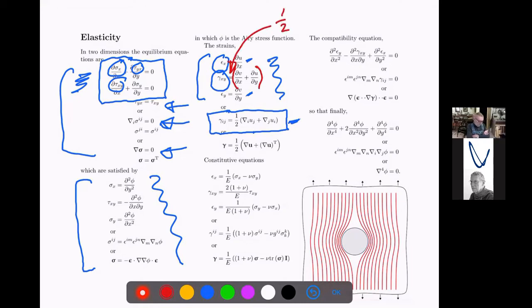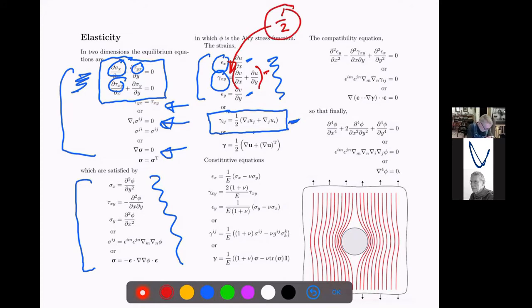I don't know whether you will be aware of Mohr's circles for strain. You're probably aware of Mohr's circle for stress, but there's also Mohr's circle for strain. And in Mohr's circle for strain, you have to put a half in front of the shear strain. And the reason for that is because whoever decided to define shear strain in this way should have left the half out.